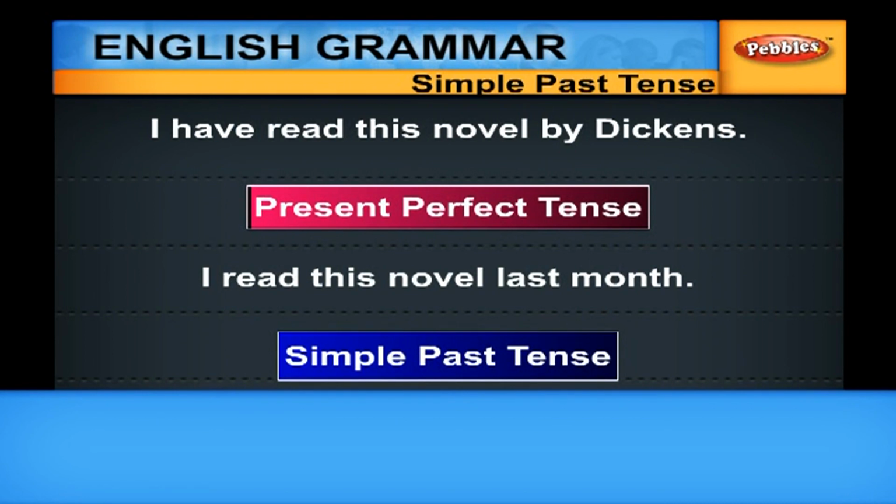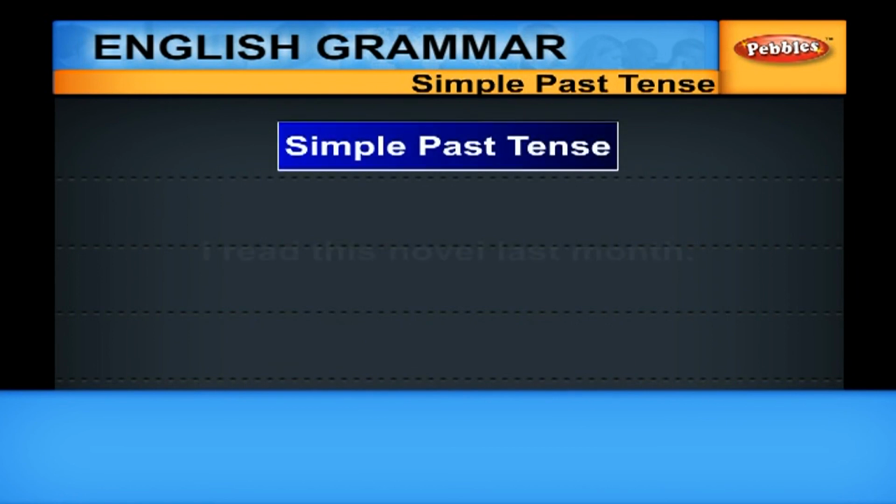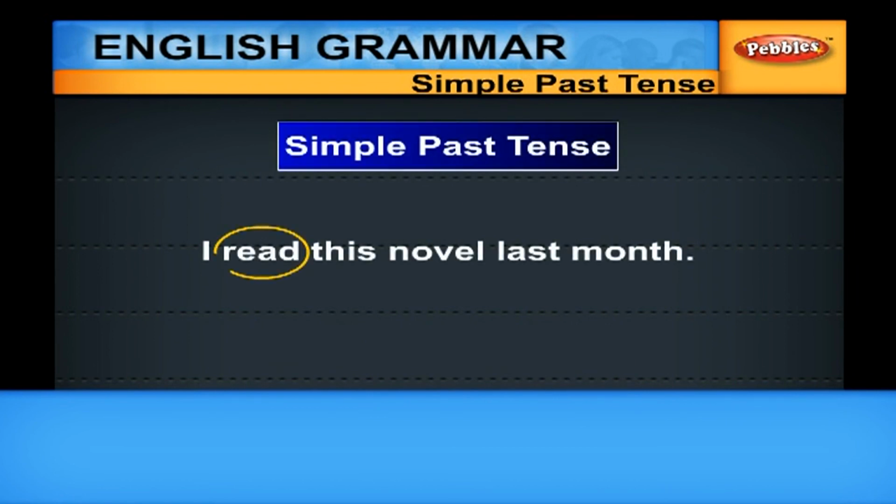So, when you're not giving the time, it can be in the present perfect. Once the time is specified, it has to be in the past. Also, in a simple past tense, main verb or lexical verb is independent. That is, it will not take any helping verbs or the helping verb will be the main verb, like we saw already.